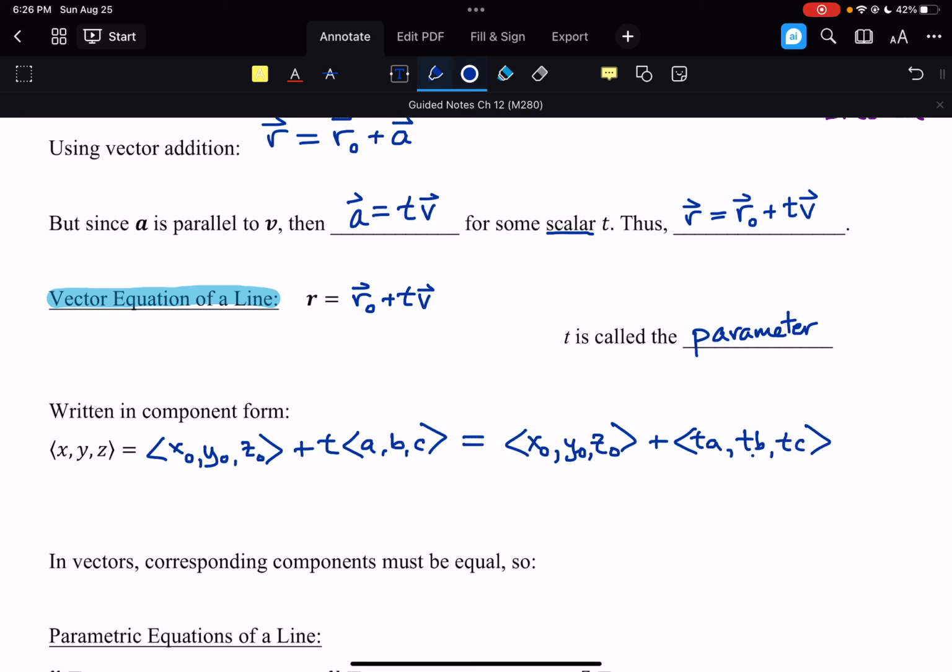And if we combine these across the addition here, that gives us x naught plus at, y naught plus bt, and z naught plus ct.